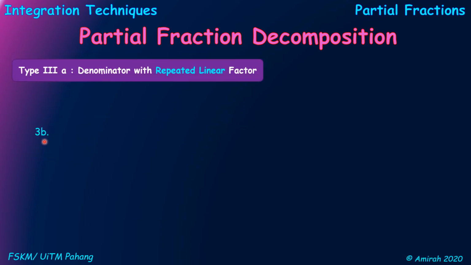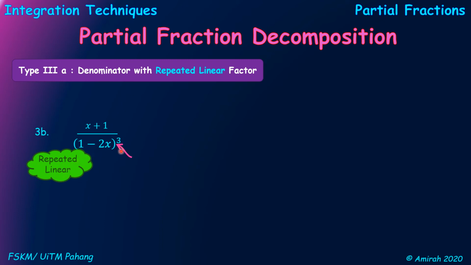Right, and then we look at example 3b, under type 3a, denominator with repeated linear factor. We have the fraction x plus 1 over (1 minus 2x) bracket cubed. So this is also a repeated linear factor.